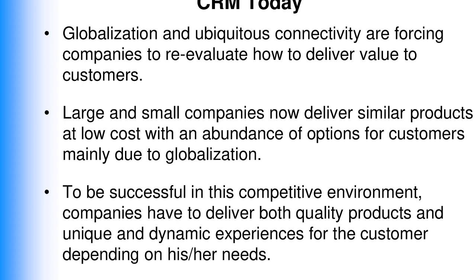And that too at low cost with very good quality, with an abundance of options for customers. What is the reason? Because of globalization, we have very competitive companies nowadays, so the customers can pick what they really want.